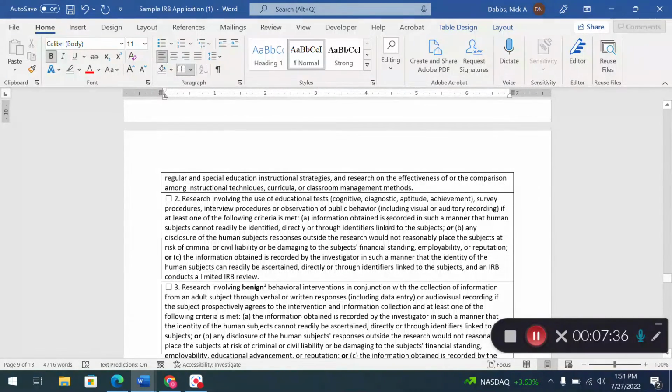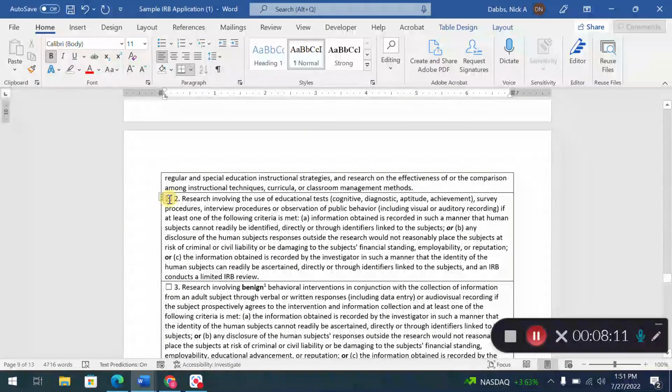A, information obtained is recorded in such a manner that human subjects cannot readily be identified, directly or through identifiers linked to the subjects, or B, any disclosure of the human subject's response outside the research would not reasonably place the subjects at risk of criminal or civil liability or be damaging to the subject's financial standing, employability, or reputation, or C, the information obtained is recorded by the investigator in such a manner that the identity of the human subjects can readily be ascertained directly or through identifiers linked to the subjects, and IRB conducts a limited IRB review.